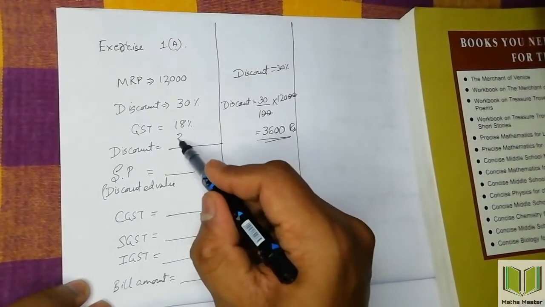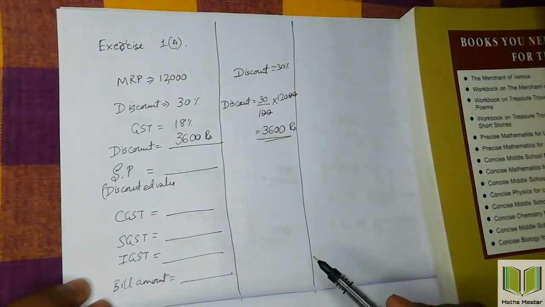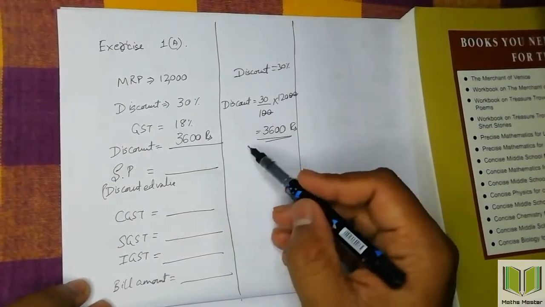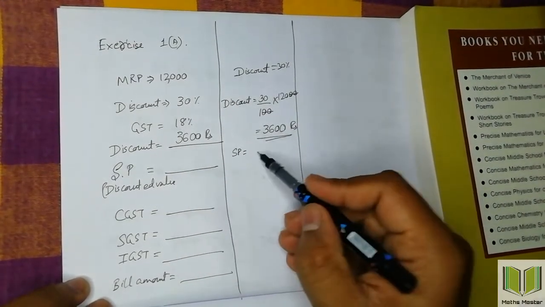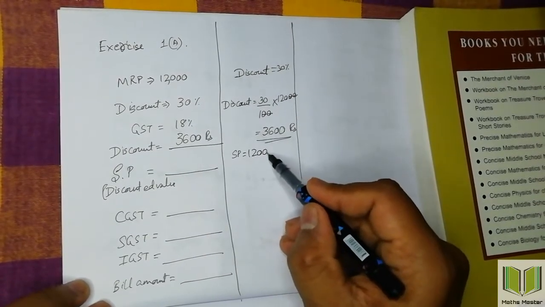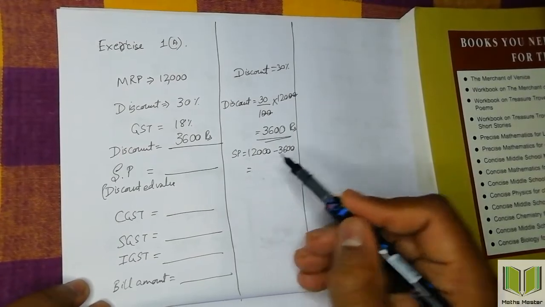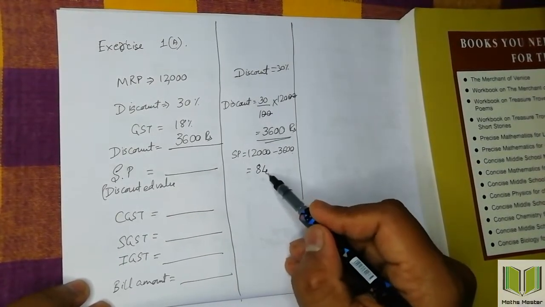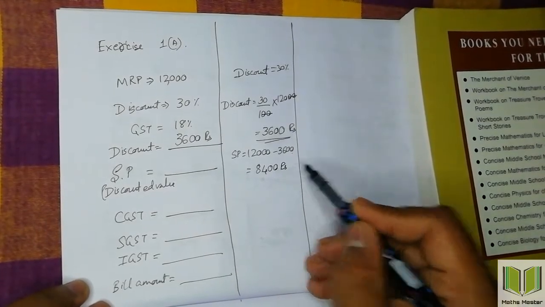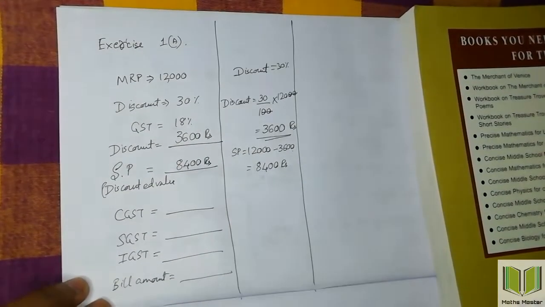My discount is 3,600 rupees. Next, selling price, or the discounted value, is equal to 12,000 minus 3,600, which is 8,400 rupees.